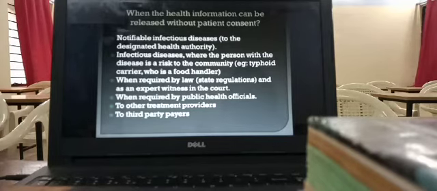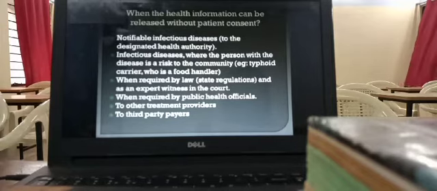Sometimes the court produces a subpoena, which is a written court order to a witness, to send the information of the patient as a witness. In that case, we can release the patient information to the court without the consent of the patient.